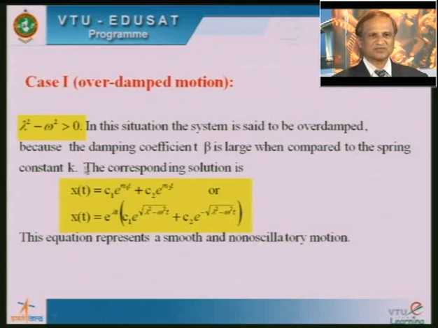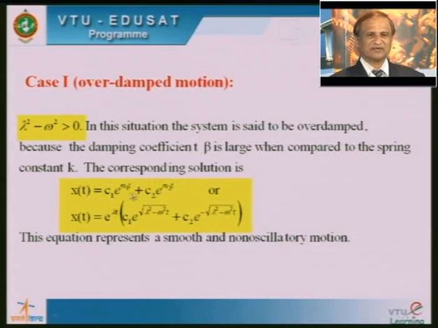That is why we call it a differential equation with constant coefficients. That depends upon the values of beta and K. If beta is greater than K, then you will get greater than 0. In such a situation, we call it an overdamped motion. I hope you will get 2 roots.